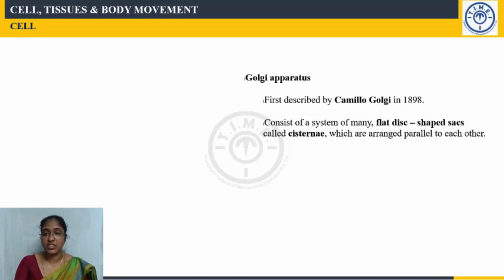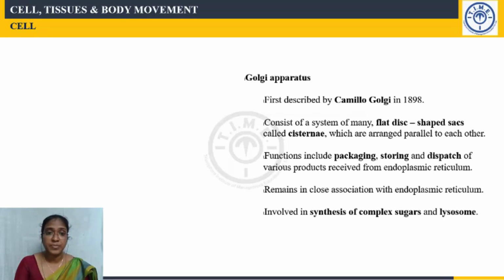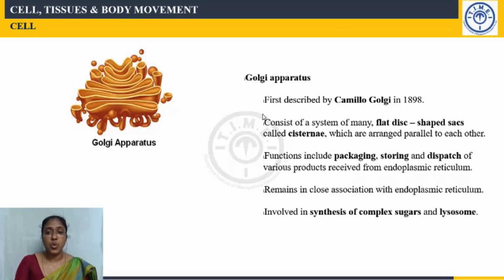I will show you the structure. It is like this. It consists of many flat disc-shaped sacs called cisternae, which are arranged parallel to each other. And what is its function?